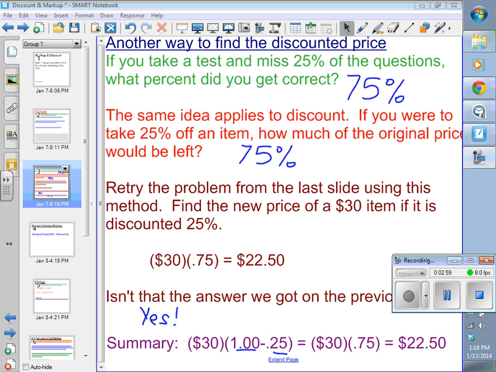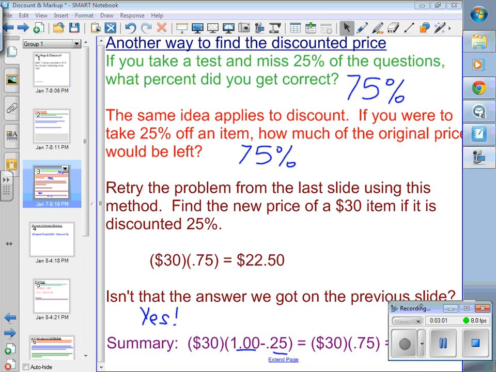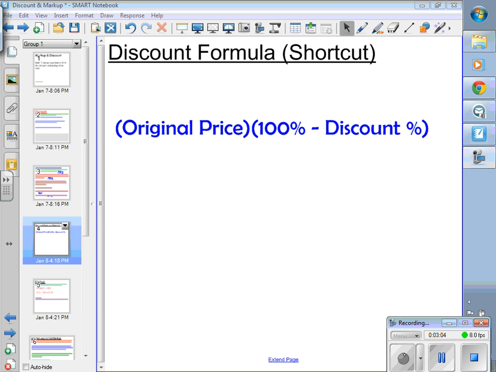Okay, moving on. So to summarize, here's our shortcut. This is the discount formula shortcut: original price times 100% minus the discount percent. You'll notice on the previous slides, even though I said percentage, all those percentages were translated into decimals. Okay, moving on.